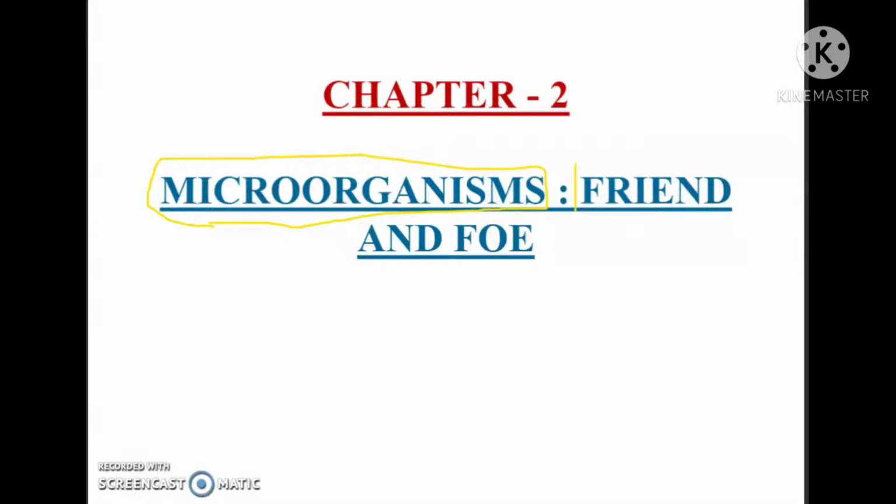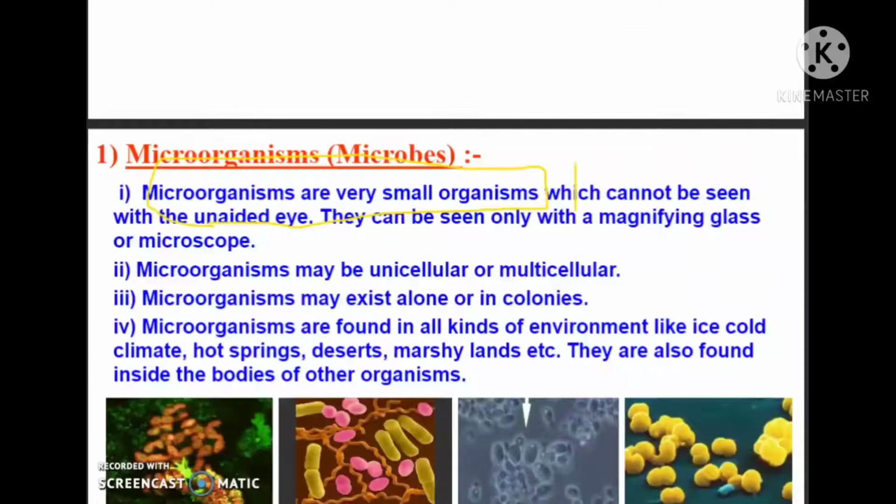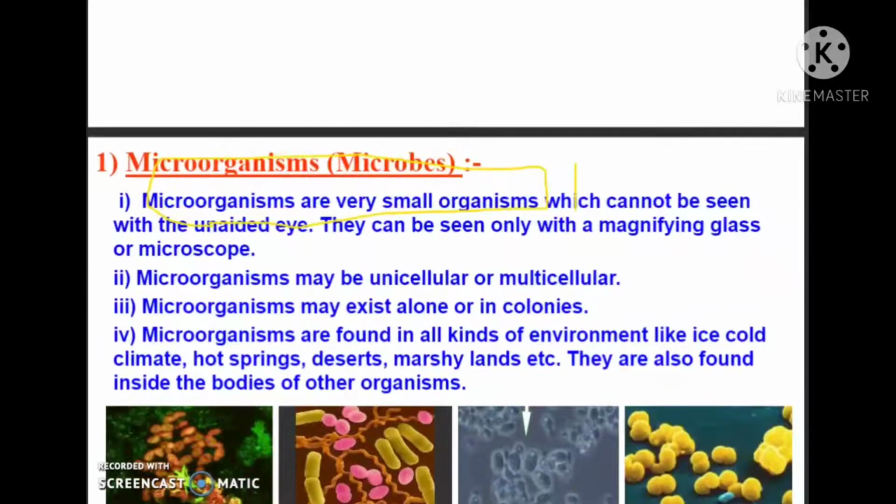Before starting this chapter, let us understand the meaning of microorganisms. As the name says, microorganisms are living things which are so small that we cannot see them with our naked eyes. So how can we see these organisms?